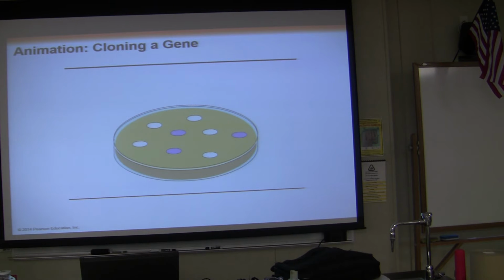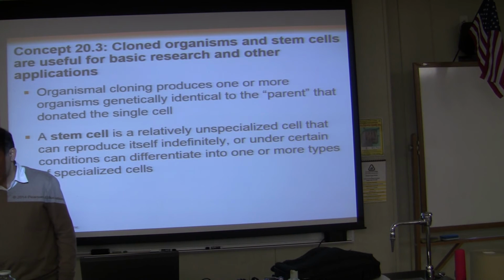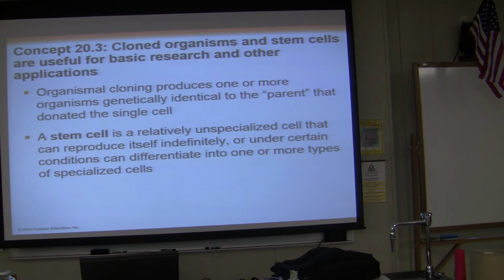Yeah, that's another concept. I didn't talk about it because we don't do much of it in the lab, so I'm not worried about it. Cloned organisms and stem cells are useful for basic research and other applications. Organismal cloning produces one or more organisms genetically identical to the parent that donated a single cell, and I will talk about this.